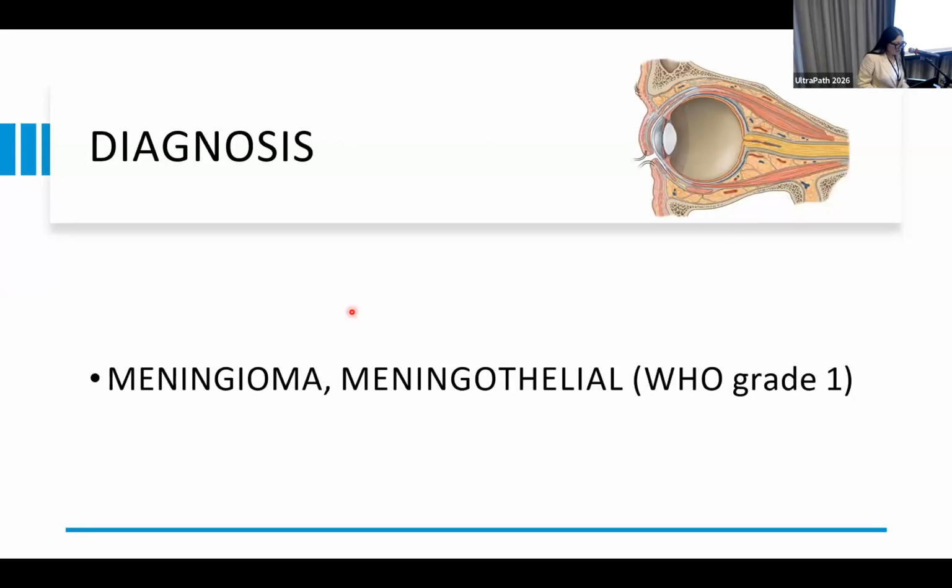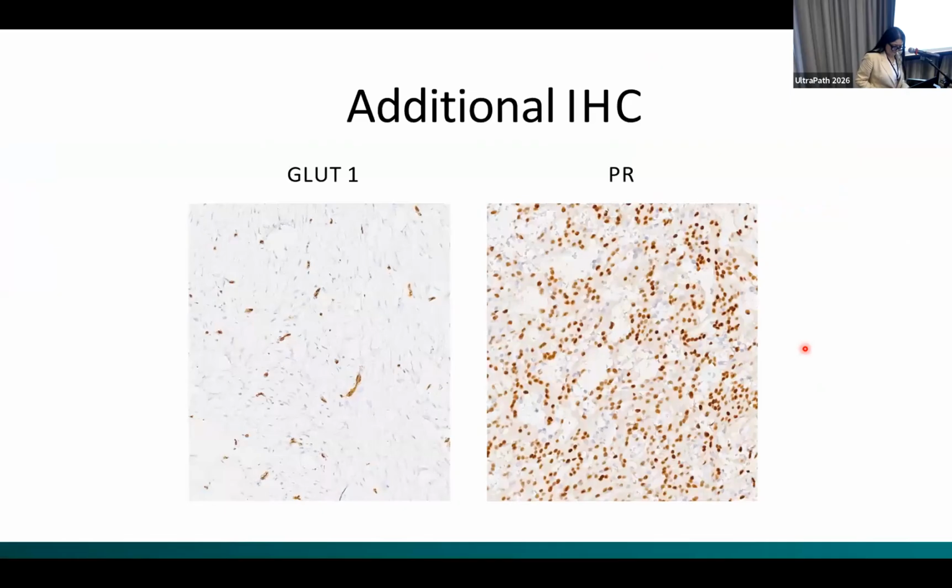And given the morphology with low grade, it was categorized as WHO grade 1. And because of the possibility of perineurioma, because these two entities can express EMA, we added Claudin-1, which was negative, and the progesterone receptor.